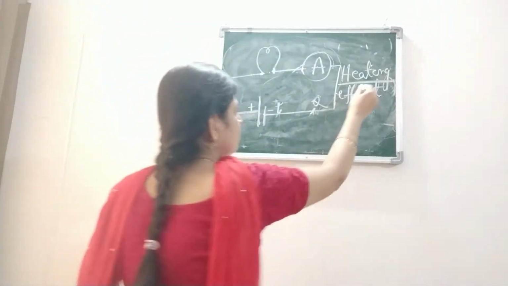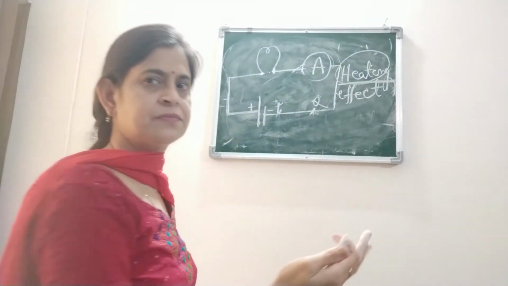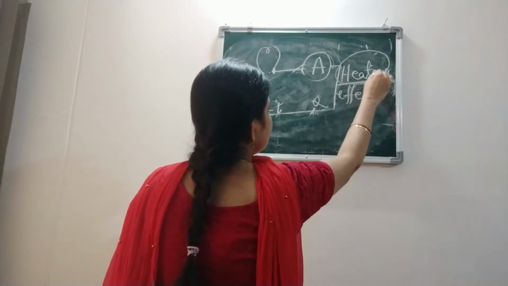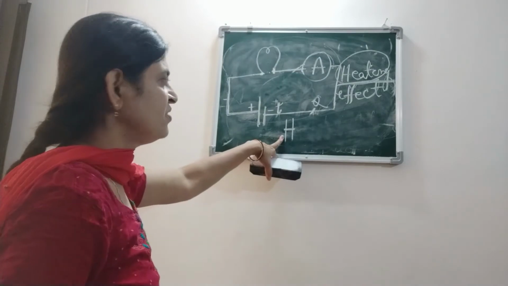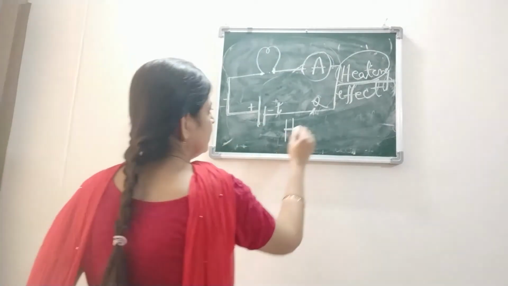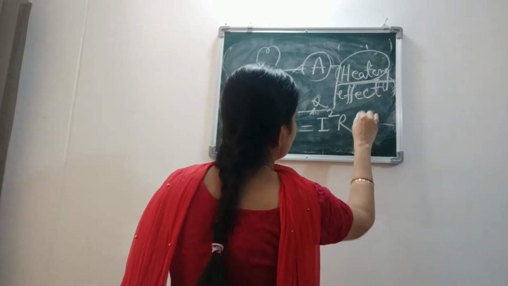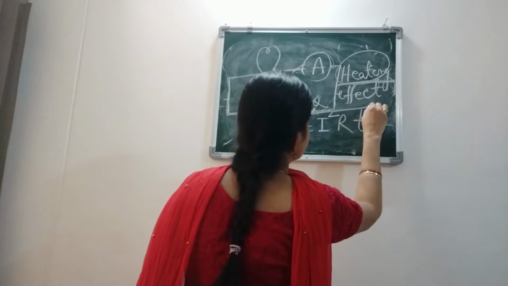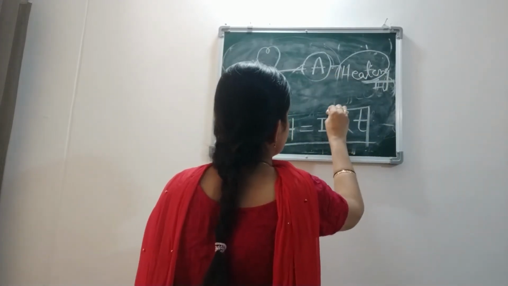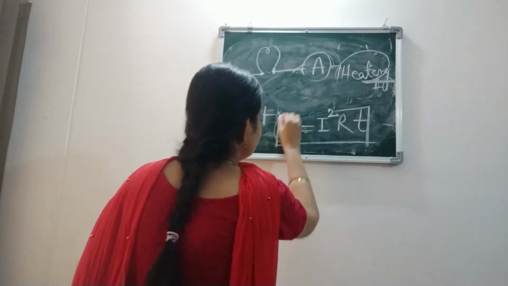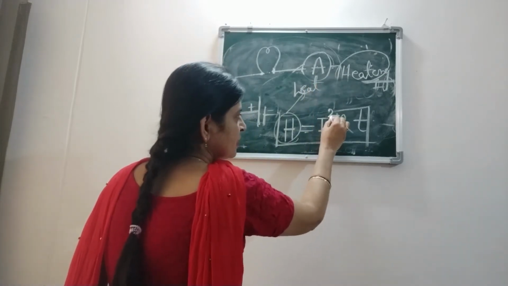Now, this amount of heat will depend on which factors? If we denote the amount of heat by symbol H, then you can write H is equal to I square R T. What is H? H is the amount of heat. I square is the square of the current.